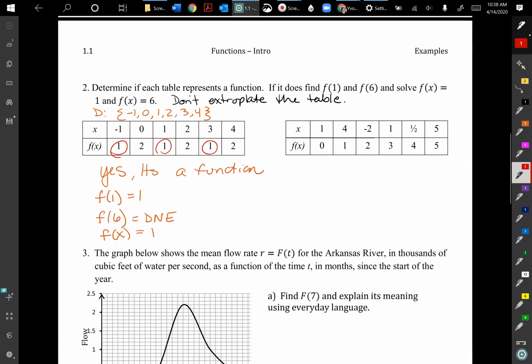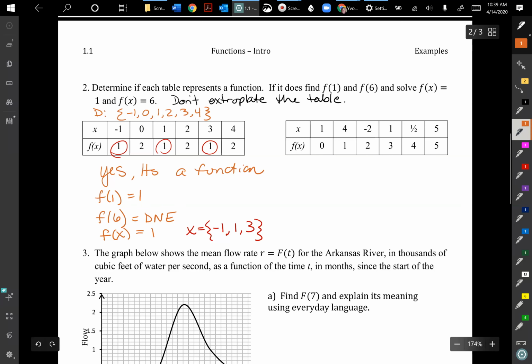Okay, remember I could have different x values going to the same output, but I can't have the reverse. So on this one, this is how you would write this: x equals -1, 1, and 3. You could put it in set notation like that also, but don't write it as an interval.